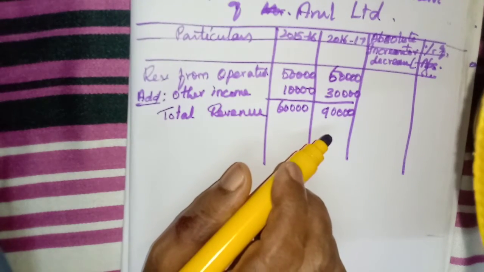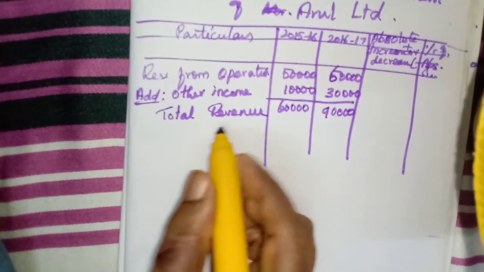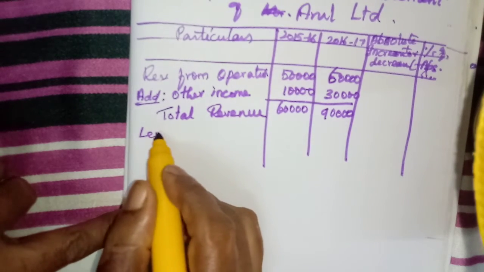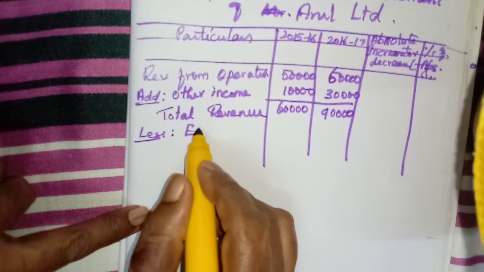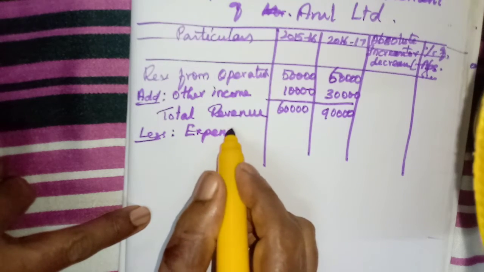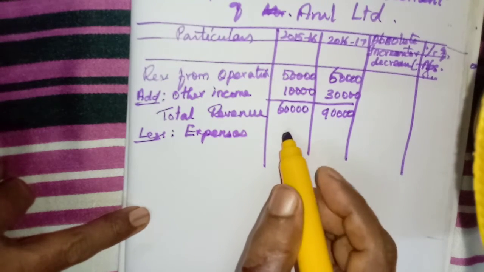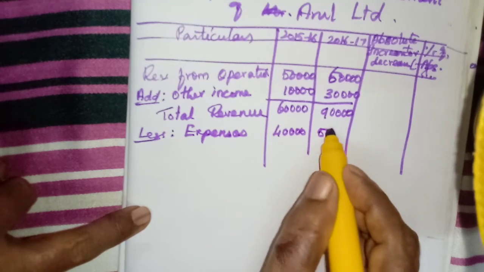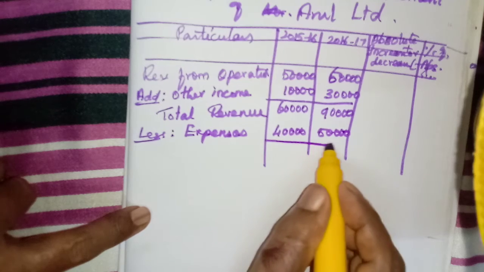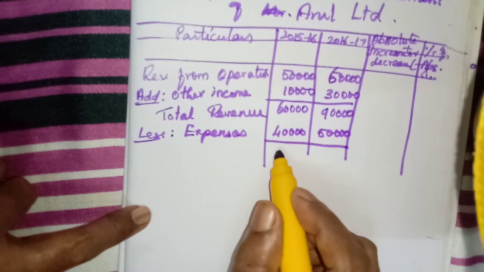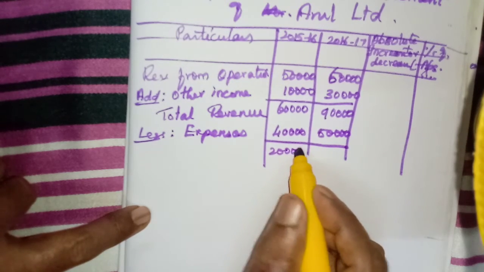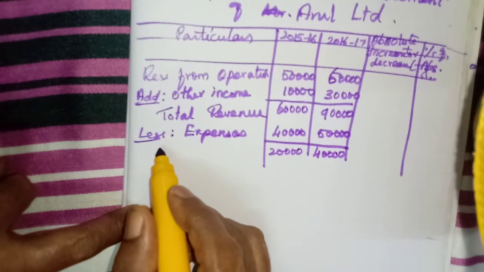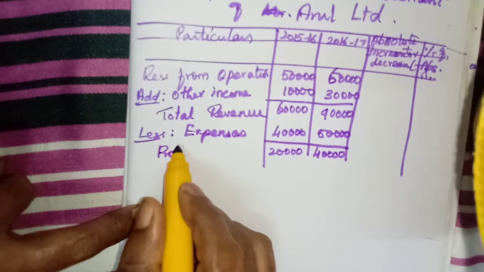Then next item, less expenses, 40,000, 50,000. Less, 20,000, 40,000. This is profit before tax.